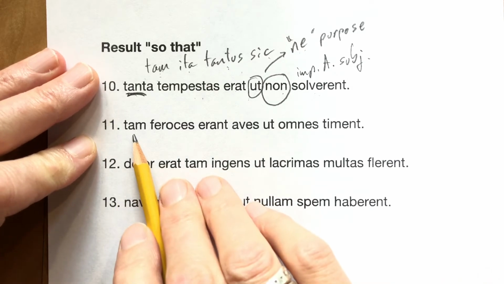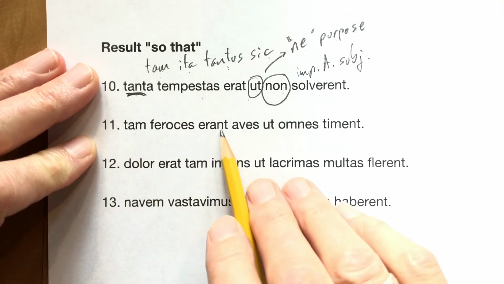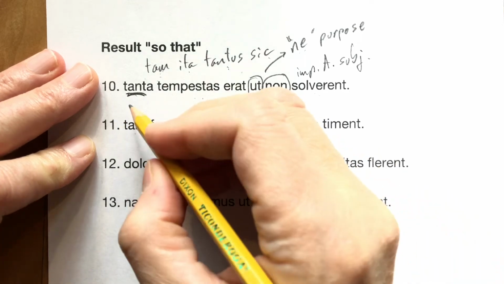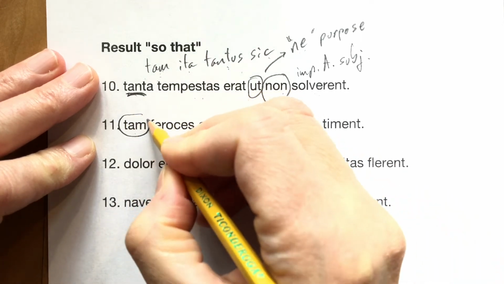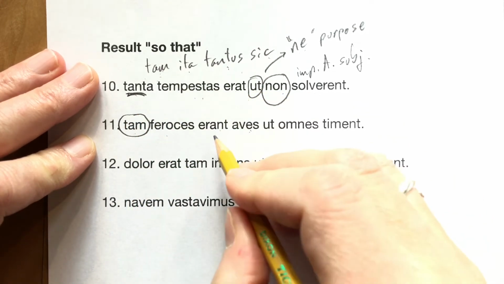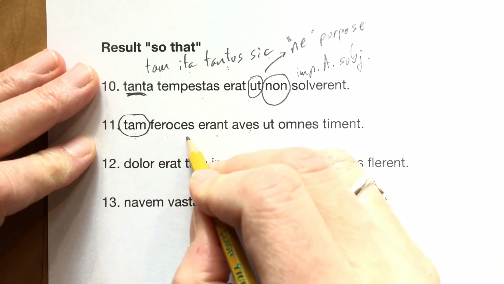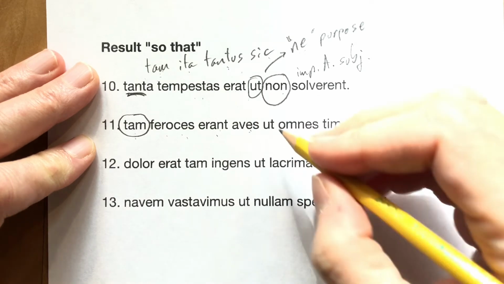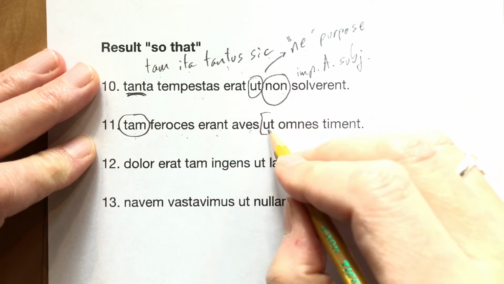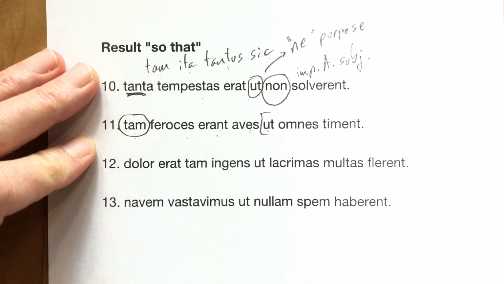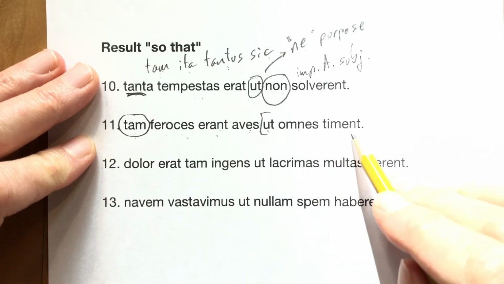Let's try number 11. Tam feroces erant aves. All right, here's that key word, tam. Aves, the birds, erant, were. Tam feroces, so fierce. How fierce were they? That, okay, left bracket starting with the conjunction ut, omnes timent.